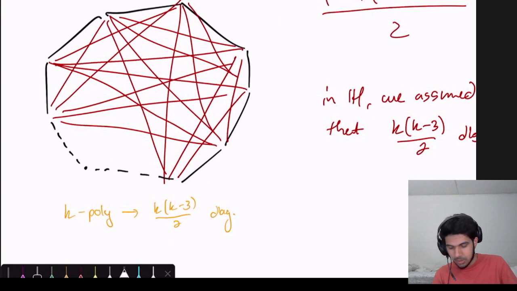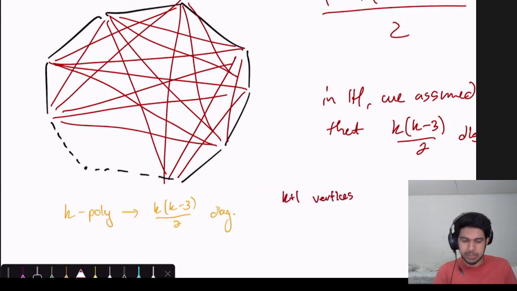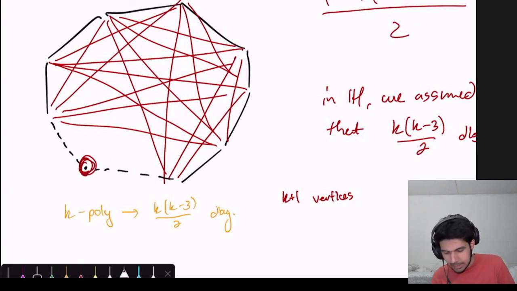Well, we have k plus 1 vertices, right? Because there are k plus 1 sides. And this is the vertex that we need everything to connect to. So how many things can this connect to? Well, it can't connect to itself, and it can't connect to its neighbors. I mean, it is connected to its neighbors, being this and this, but those aren't diagonals, those are sides.